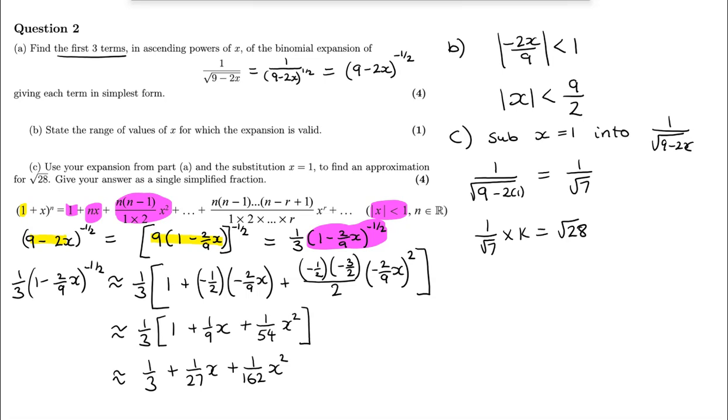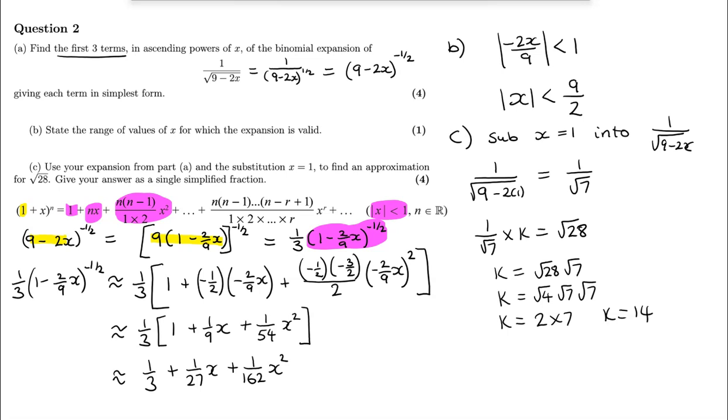So I'm just going to rearrange this equation I've got here and say, well, k has to be root 28 times root 7. And, well, root 28 is root 4 times root 7, and I've got that root 7. So k is going to be root 4, which is just 2, and then root 7 times root 7 is just going to be 7. So k is going to be 14.